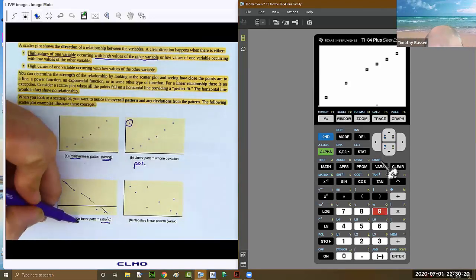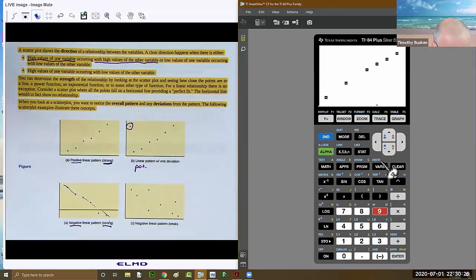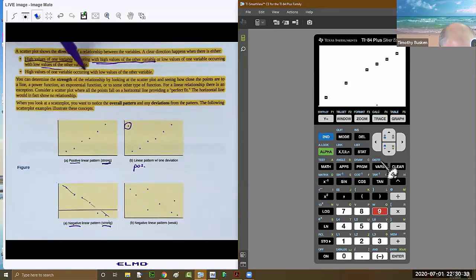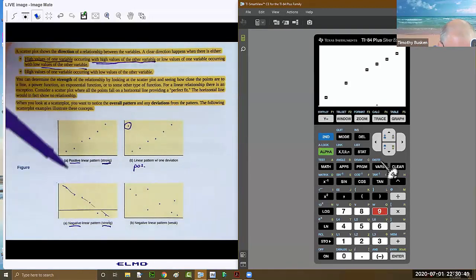And of course, that means that the pattern here would be negative. What's happening is high values of X will occur with low values of Y. So there's a distinction that can be made between negative and positive.